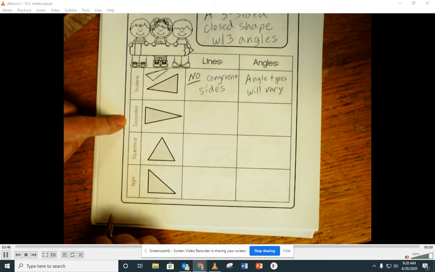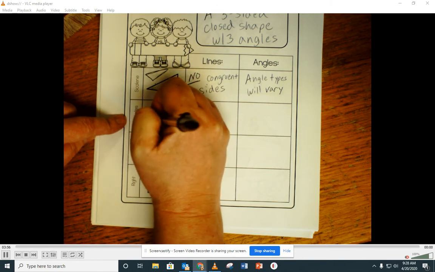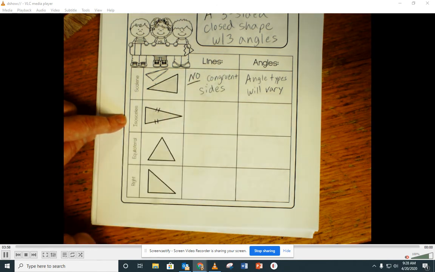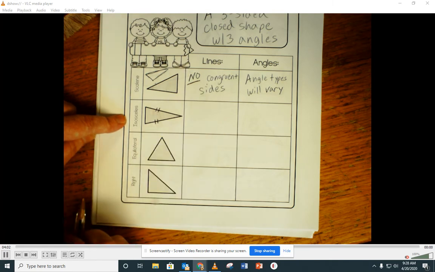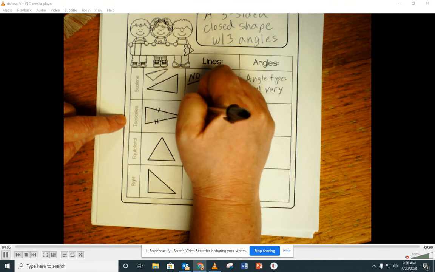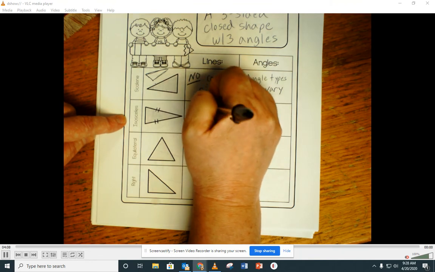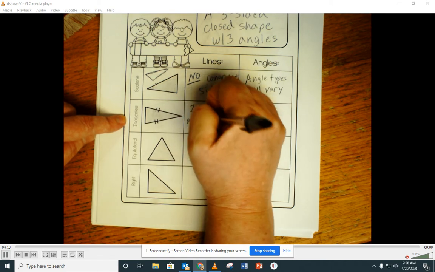The next kind of triangle is an isosceles triangle. And you can see that two of the sides are the same. That's a little geometry symbol meaning that these are the same length. So two of the sides are congruent.